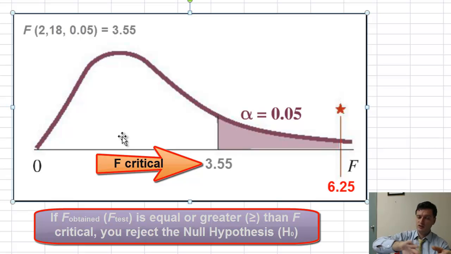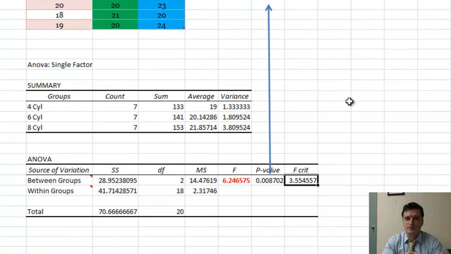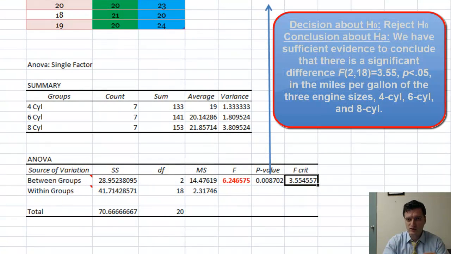But if our F is to the right, to the extreme side of 3.55, which is the F critical, then we reject the null hypothesis, meaning that the probability that our F is 3.55 or smaller is very, very small. In that case, we reject the null hypothesis of no significance between the means of 4-cylinder, 6-cylinder, and 8-cylinder, and we accept the alternative hypothesis where at least two means are significantly different. Right? At least two means are significantly different.